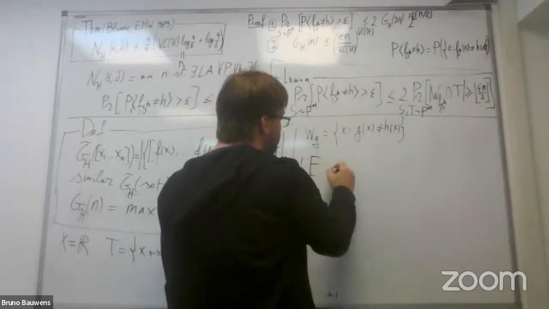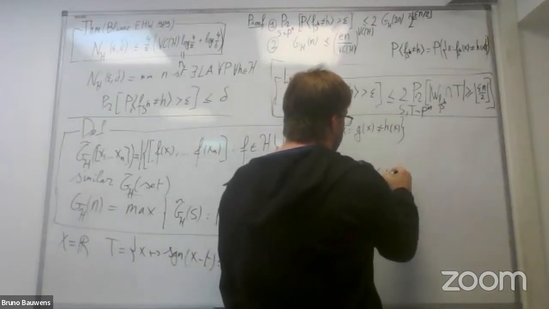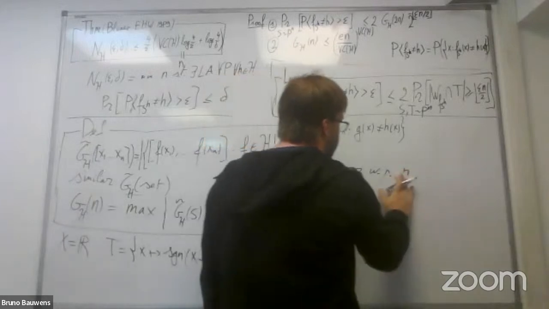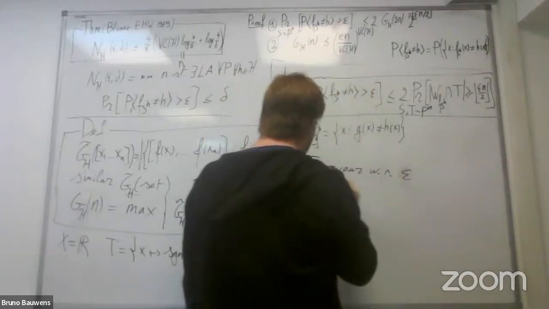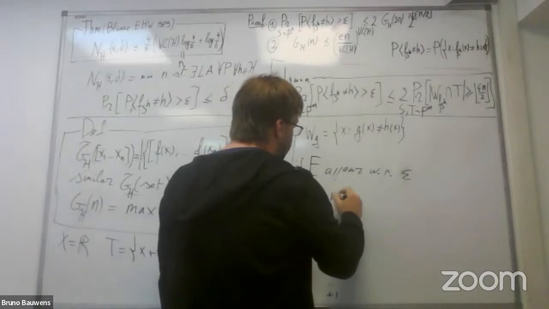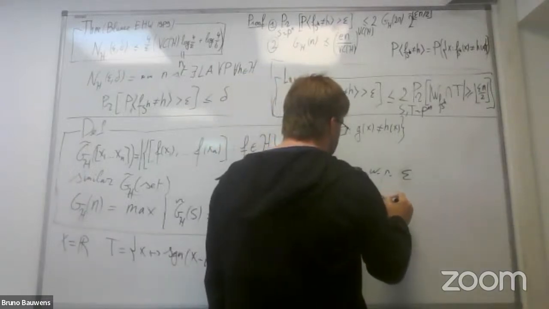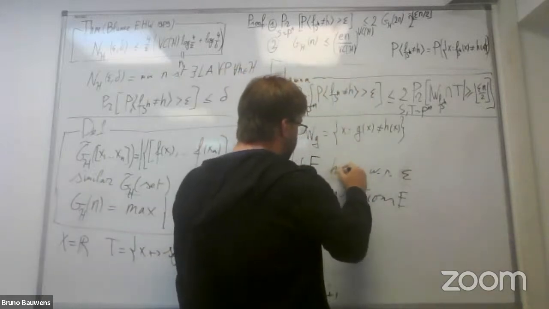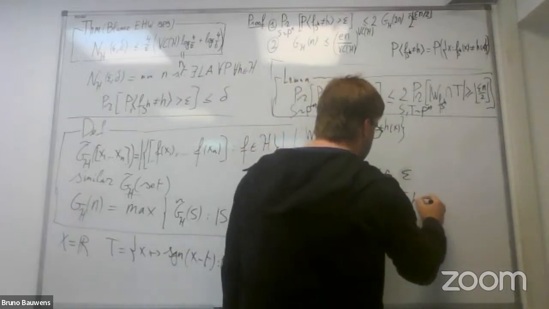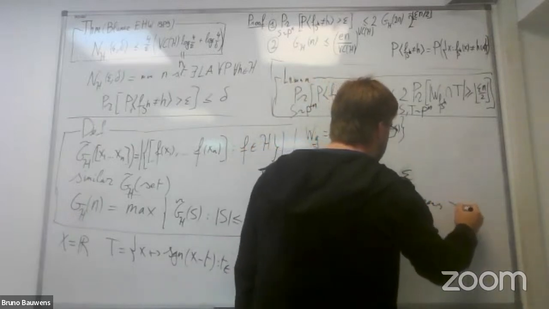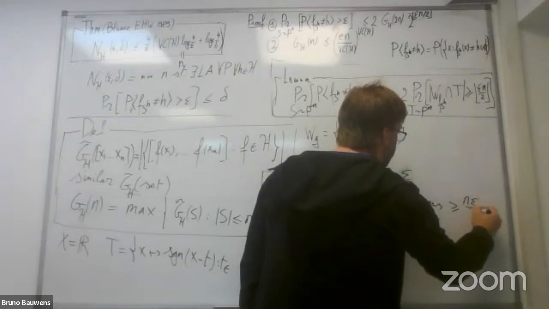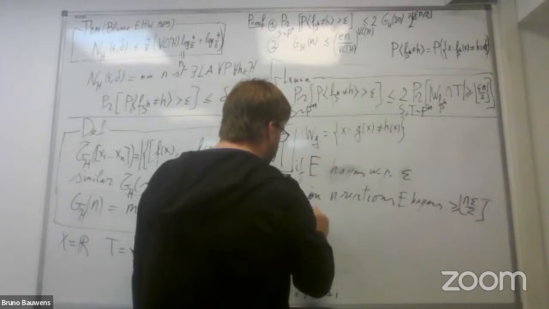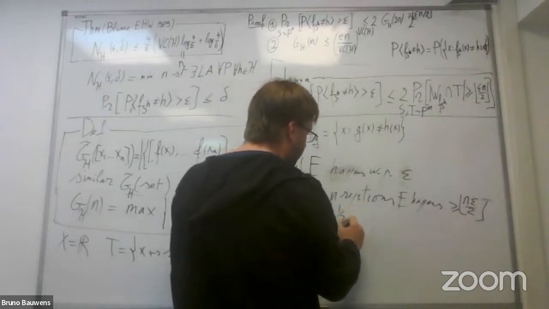If E appears with probability epsilon, then in n repetitions, event E happens at least epsilon n over 2 times with probability at least 1/2.